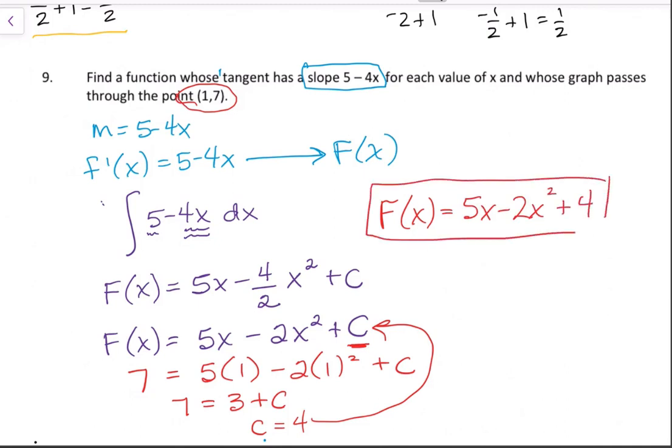And it's out of order. If you want to rewrite it in descending order, that's perfectly fine. If you leave it like this, I'm okay too. So there's my function whose tangent line with this slope passes through my function at that particular point.